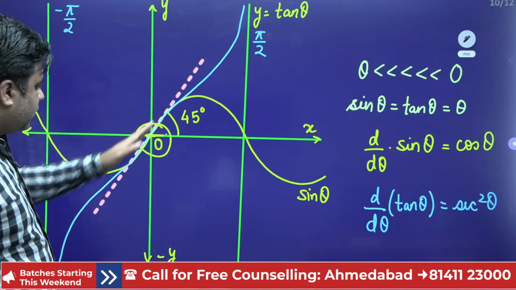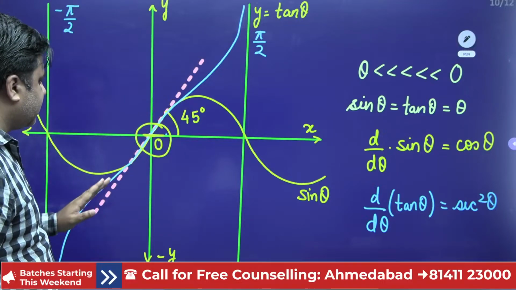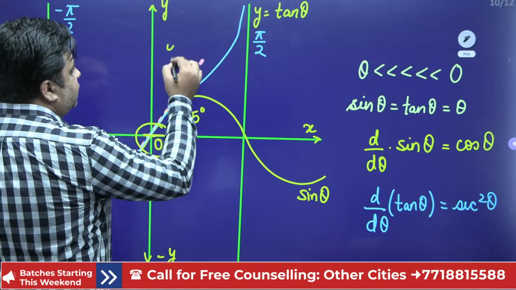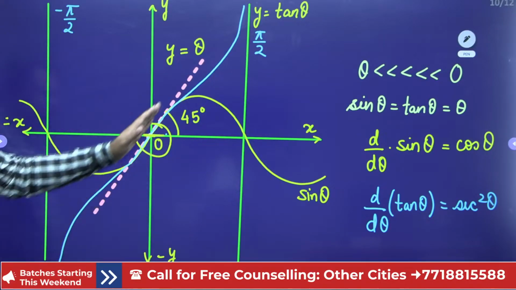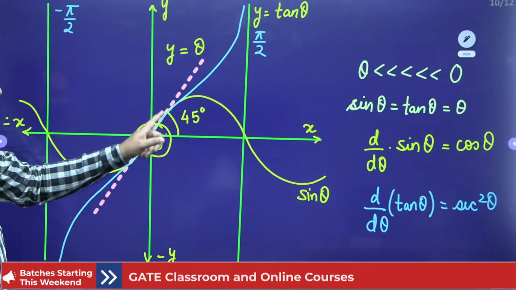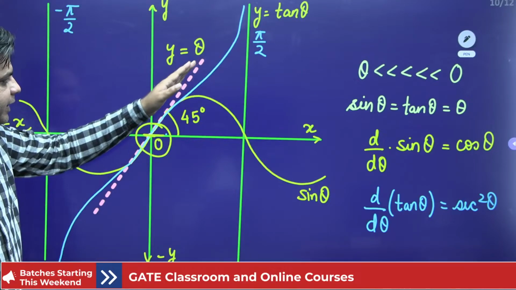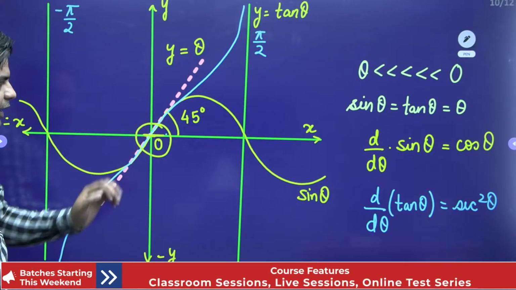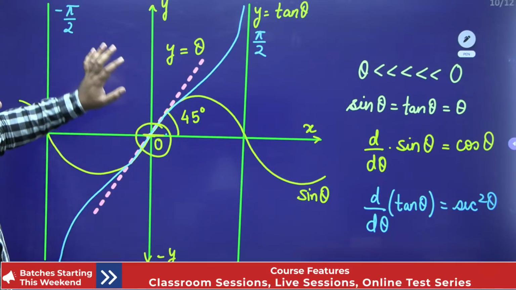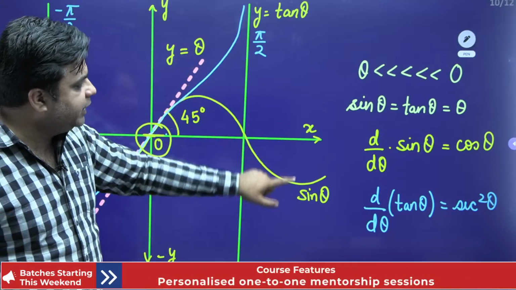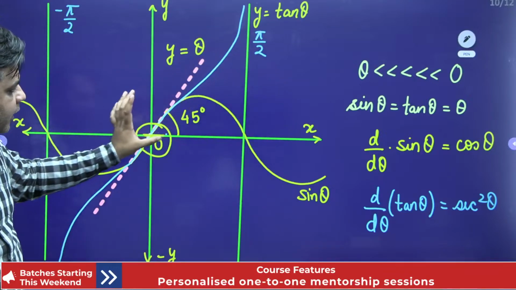And if I consider this also as a curve, this is nothing but y equals theta. This curve is y equals theta, which also represents the slope of sin theta and tan theta at 0 degrees.